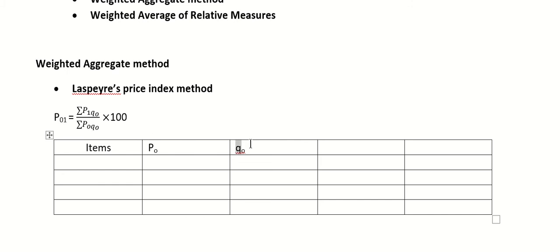So here P naught and Q naught signify the prices and quantities of the base year, and P1 and Q1 signify the prices and quantities of the current year.